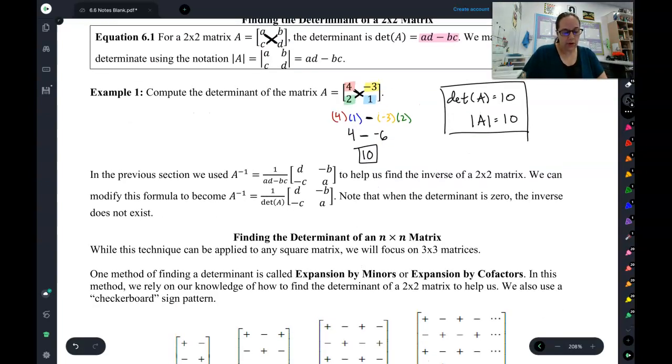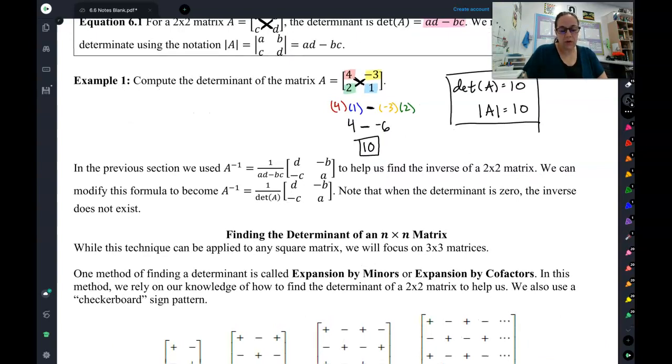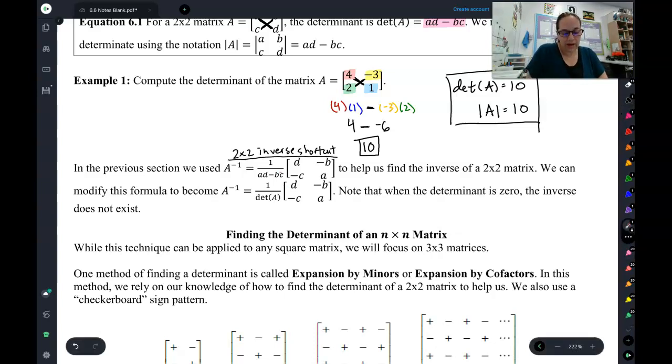Now, one other note. Last lesson, we learned this 2 by 2 inverse shortcut in class. We talked about how this shortcut only works for 2 by 2s, but we can now recognize that the denominator part of this shortcut is actually the determinant.